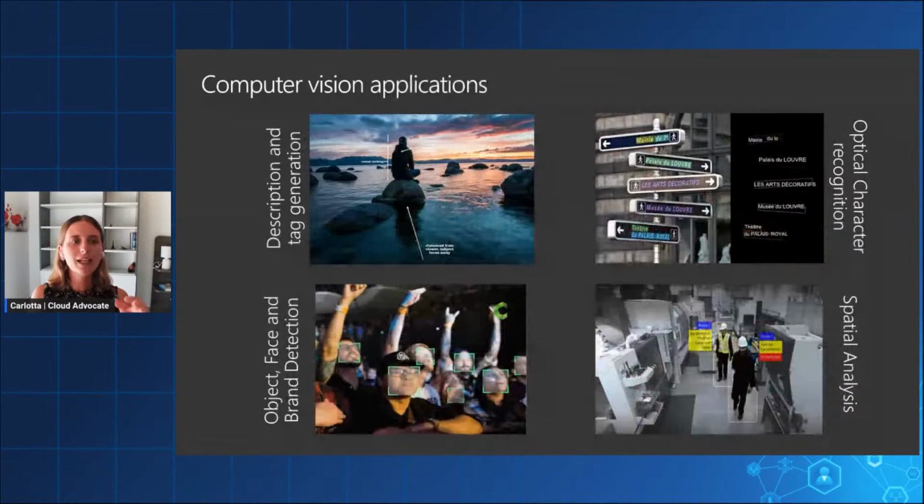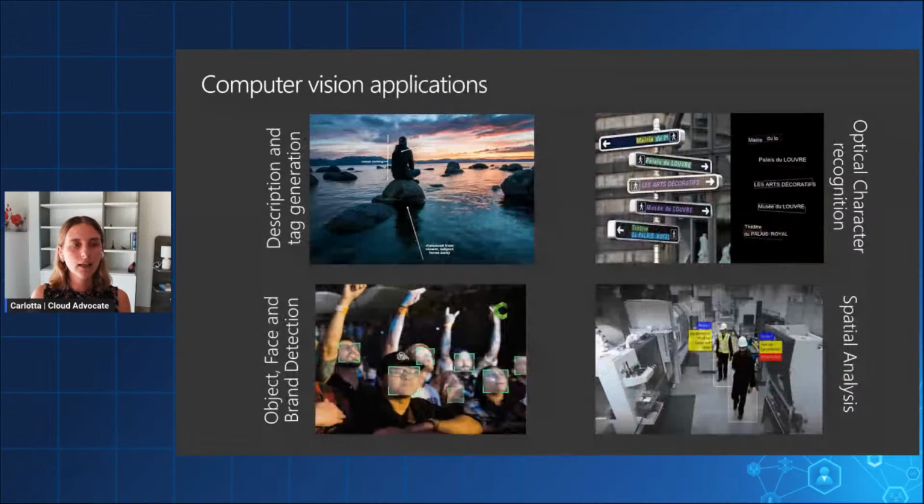With spatial analysis, we can identify people or objects, such as cars, for example, in a space, and map their movement within that space. So in this case, we are talking about video streaming as input versus static images as input to the service.